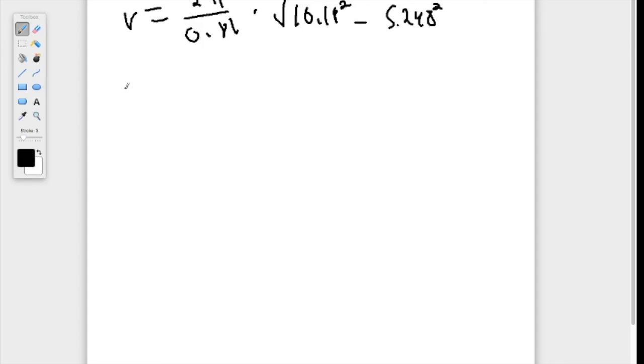When you solve all of that, you should get an answer of 67.6668 centimeters per second.